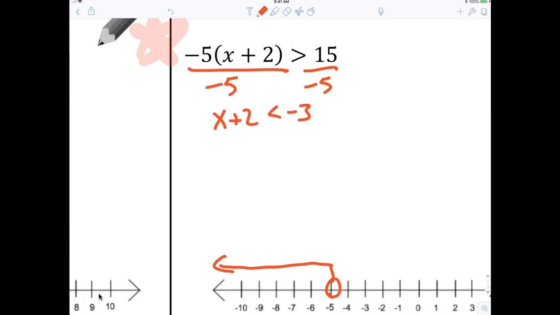At the end, I got x is greater or less than -5, and then I switched the signs around. No, we didn't multiply, we just subtracted. The rule is when you multiply or divide by a negative, you change the sign, not when you subtract. Only multiplying and dividing. Do you hear me?